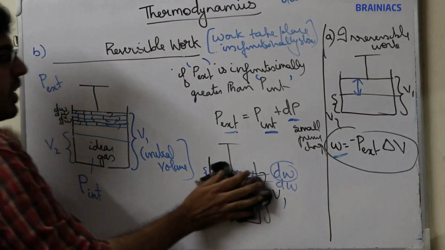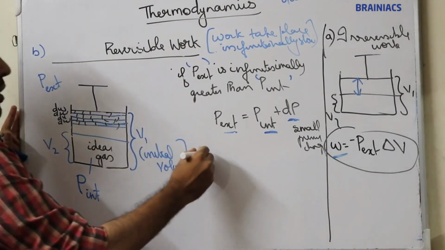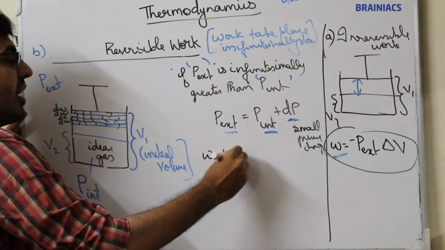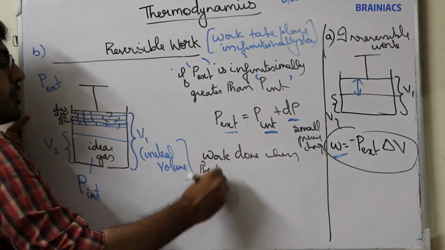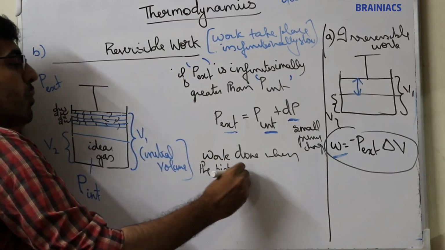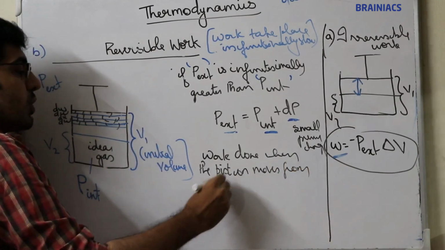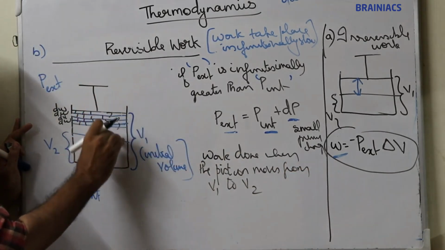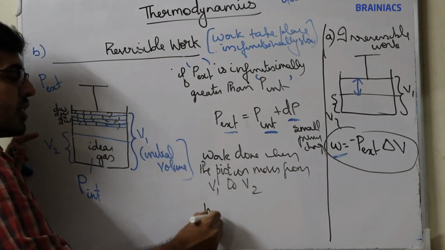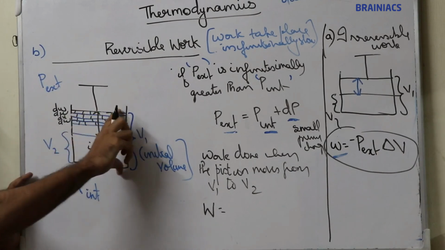So the work done when the piston moves from V1 to V2 is the total work. W is equal to, we have to calculate the total work, that is the work done when the piston moves from V1 to V2.